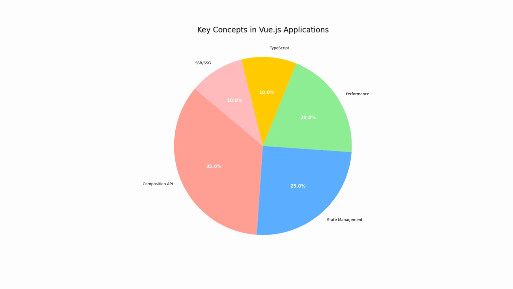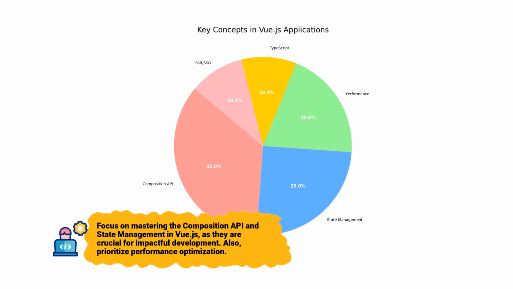Moving on to performance, it occupies a substantial segment at 20%. This tells us that runtime efficiency is an essential concern for developers. Now, both TypeScript and SSR/SSG are represented as smaller segments at 10% each. They certainly hold relevance, but they're not the main focus in this distribution.